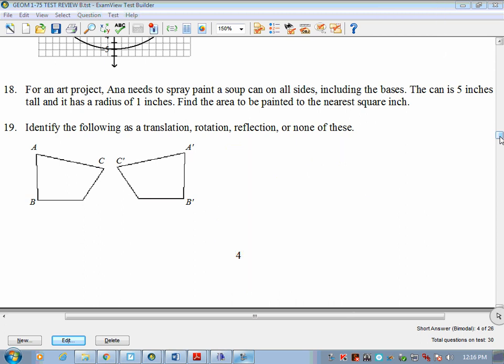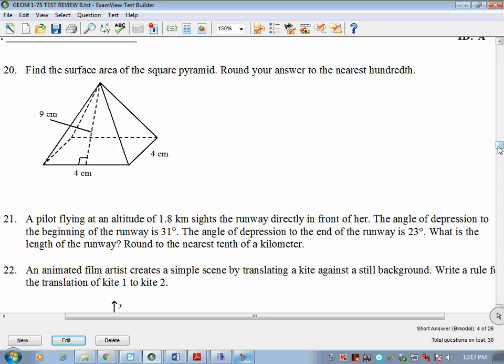19 is really easy. It's reflection, right? Okay, 20, surface area of a square pyramid. This one's a lot easier than a hexagonal pyramid because the area of the base is a lot easier to find. But we still need perimeter. So I'm going to get 4 plus 4 plus 4 plus 4.